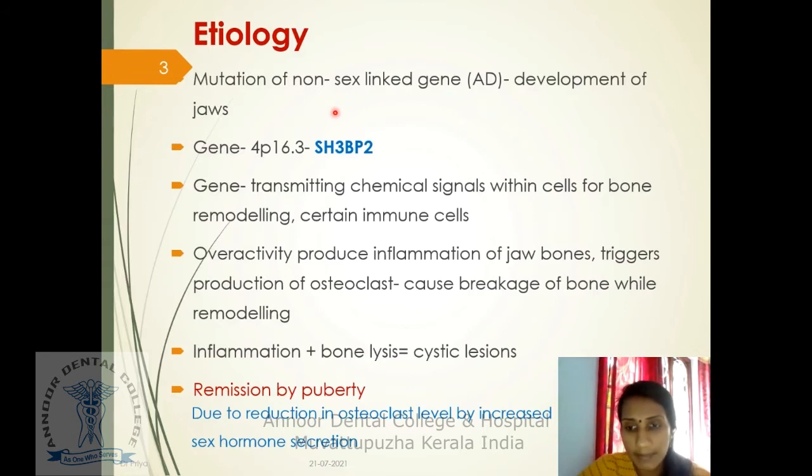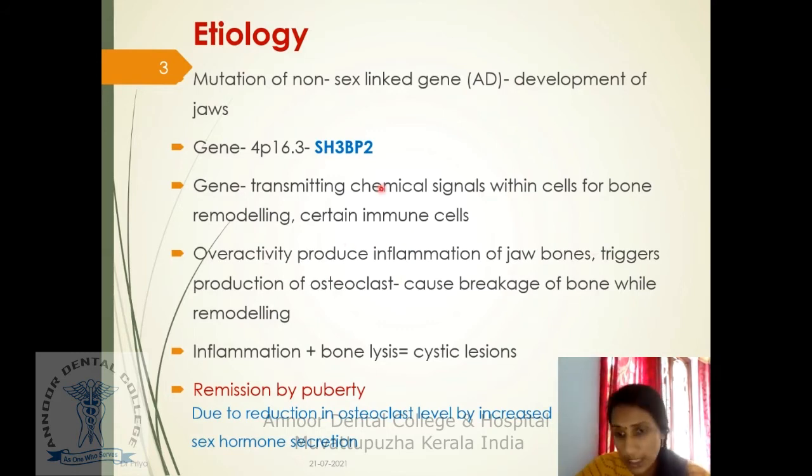An overexpression of the gene will lead to overactivity, and this overactivity will produce inflammation of the jawbone because it is related to immune cells as well as cells for bone remodeling. It will trigger the production of osteoclasts and cause breakage of the bone while remodeling.